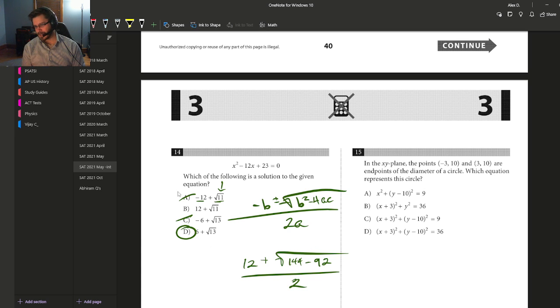Because we've already eliminated all the others, and we know it's going to reduce the 12, because 12 over 2 reduces. We can separate that, 12 over 2 plus the square root of whatever that is, 52 over 2. We can assume this is going to reduce to square root 13. We don't actually have to do it. Don't bother.